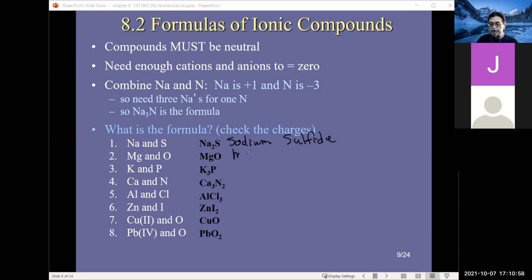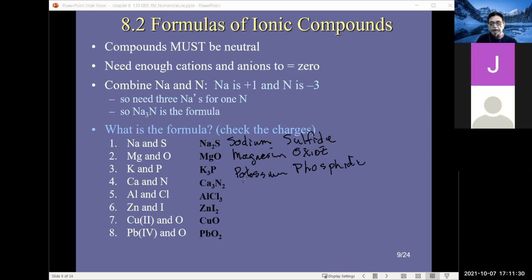Next one is magnesium, Mg, oxide. Occasionally, the Mg gets mixed up with Mn for manganese. Next one is potassium phosphide.